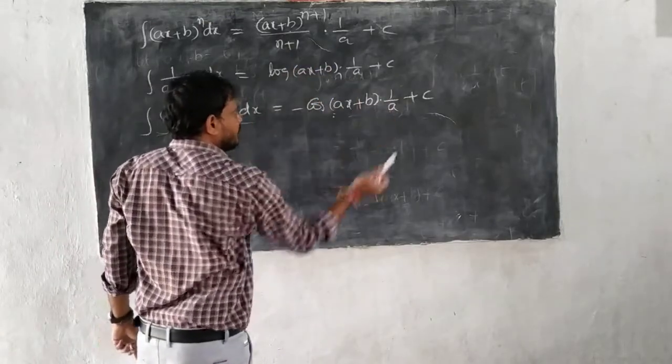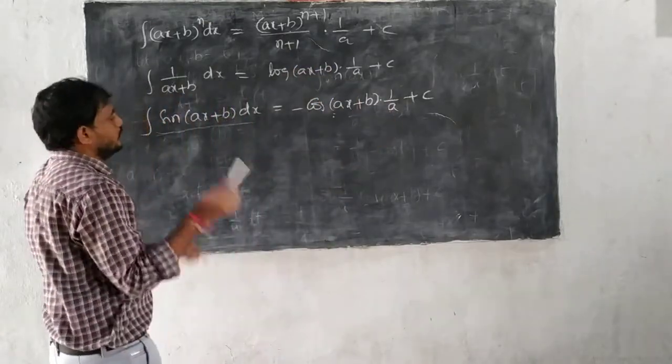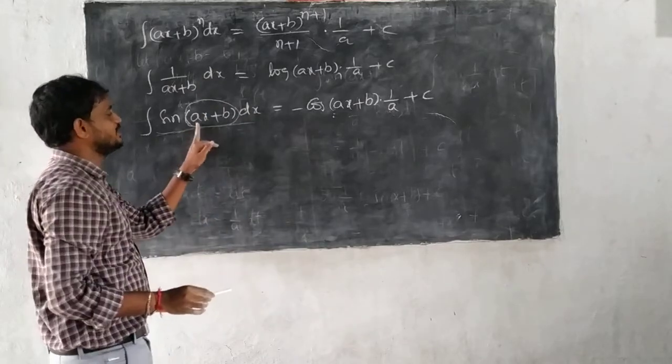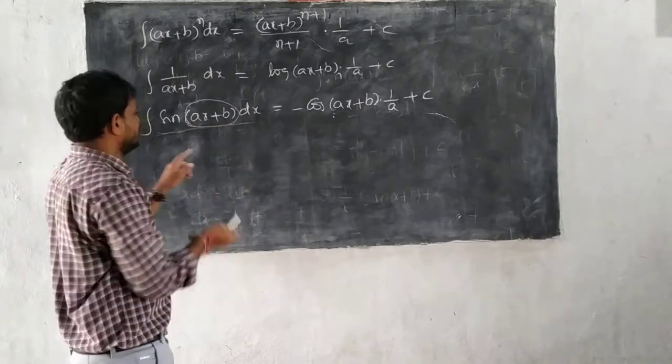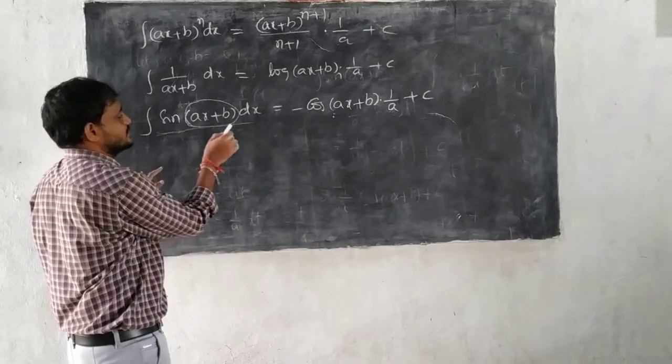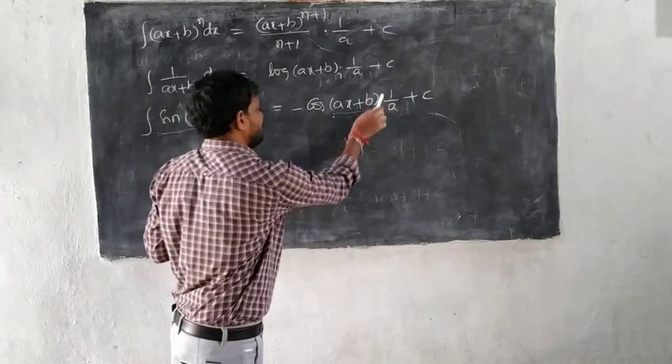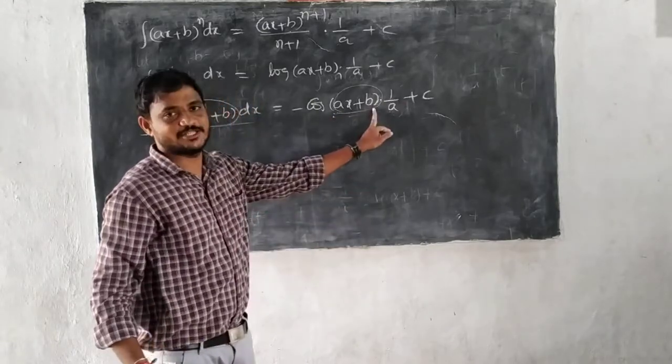If you observe, they are considering this ax plus b as x only. So what do you get? Integration of sin x is minus cos x. But here, in place of x we have ax plus b.